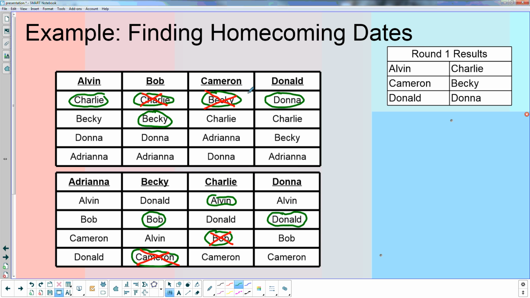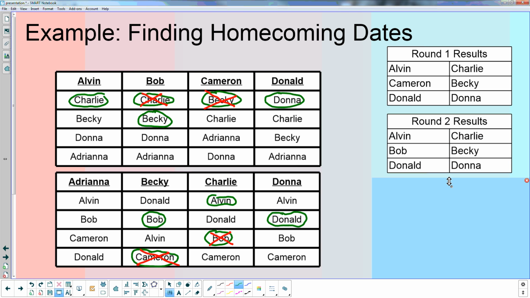But in terms of the algorithm, the process of Alvin proposing to Charlie and Donald proposing to Donna would actually happen again, and Charlie and Donna would not say no. They would continue to go to the dance with Alvin and Donald respectively. So our round 2 results are that Alvin is still paired with Charlie, Bob with Becky, and Donald with Donna. So the Bob with Becky pairing is the new iteration of this algorithm.